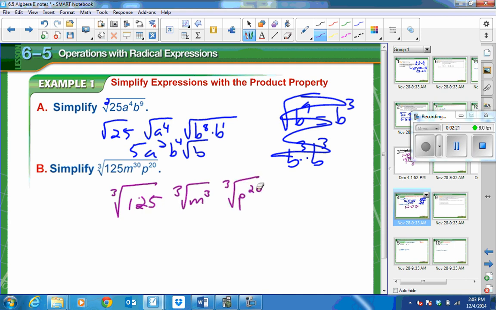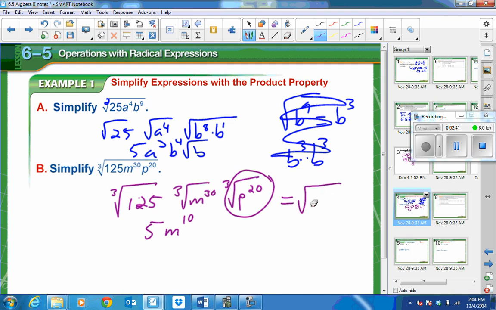Now the first two parts of this expression are easy. The cube root of 125 is 5. The cube root of m to the 30th, we're going to do 30 divided by 3, which gives us m to the 10th. But then this p to the 20th, that one's a little bit different because 3 isn't going to go into 20 equally.